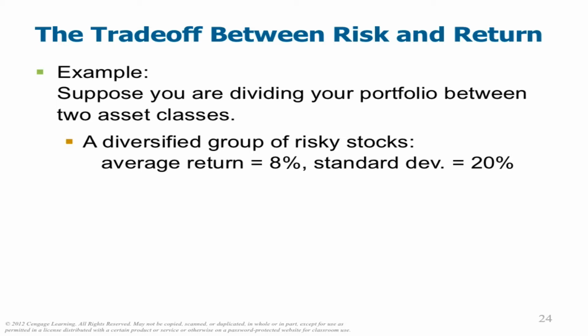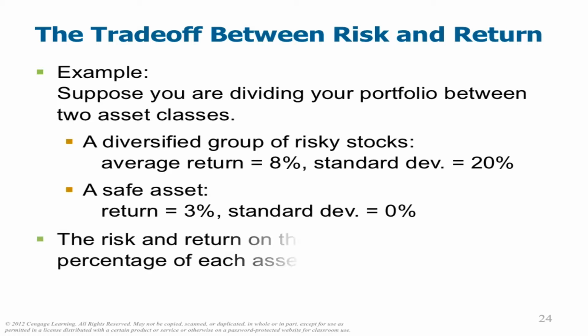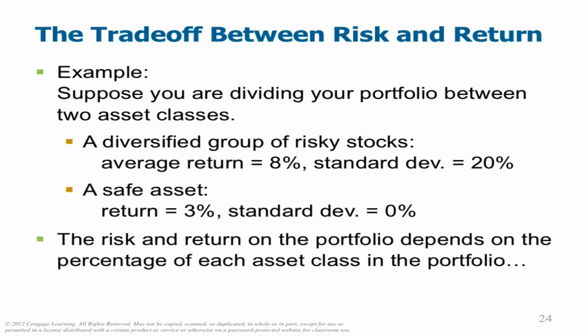Got this? You've got a fairly diversified group, but they're still risky stocks. They're startup companies, tech companies. Okay? And then you buy some municipal bonds. Zero risk. Alright? You're putting your portfolio between those two assets. How much you get depends upon how you diversify it.